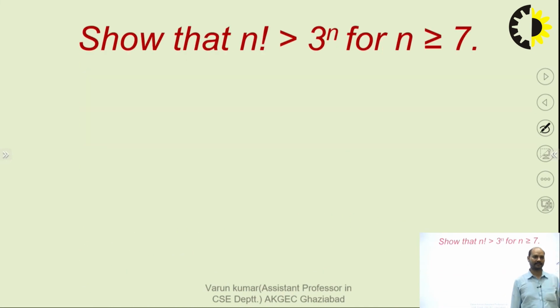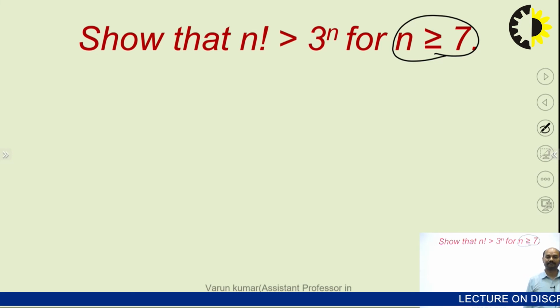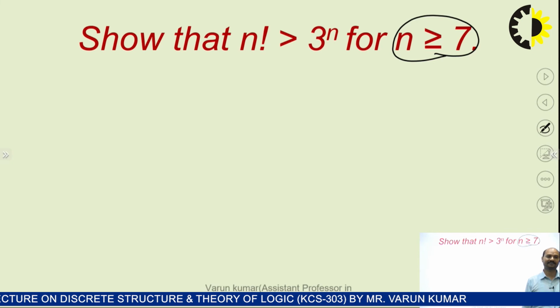So we take the third type of numerical, which is an inequality numerical: n factorial is greater than 3 to the power n for n greater than or equal to 7. What is the basic condition? The basic condition is n must be greater than or equal to 7. If this is the initial value of n, what is the initial value of a? a is 7.